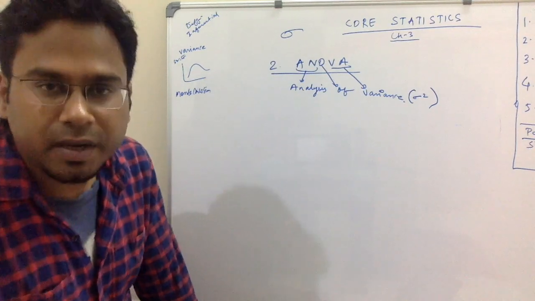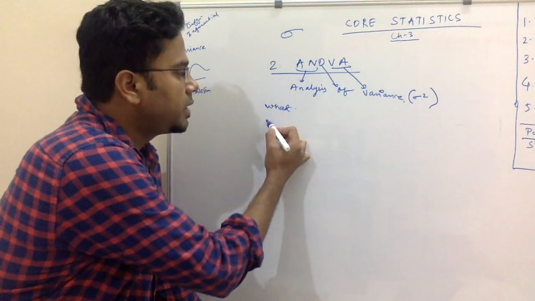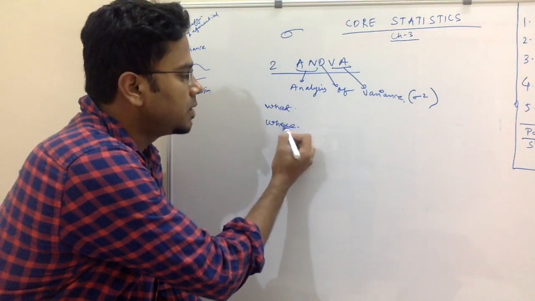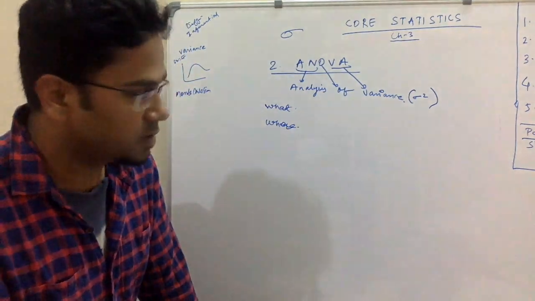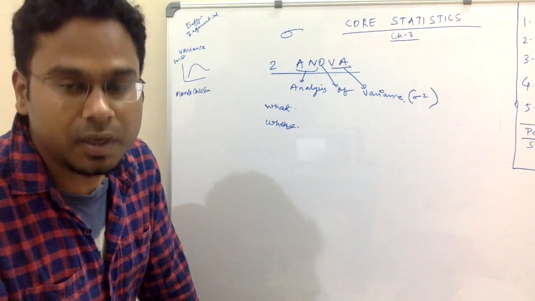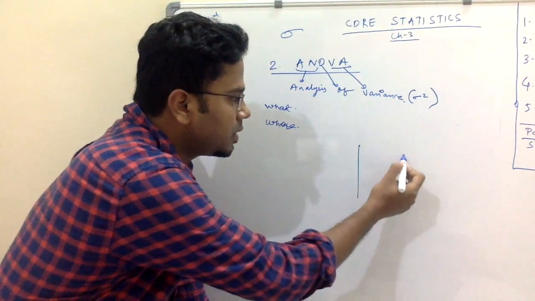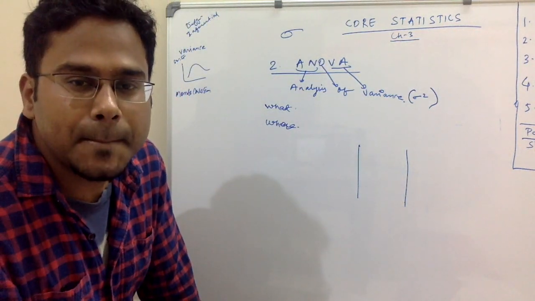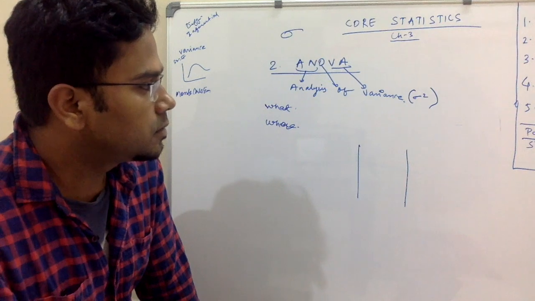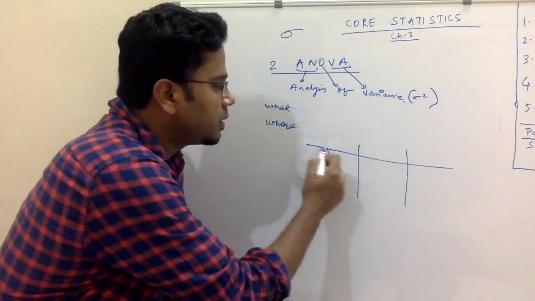Now I'll tell you where it is used, now that you know what it is. You can cite examples. Let's go back to the same problem we were discussing for the t-test. Let's say you have three situations. You are trying to treat schizophrenic patients, and you are using three therapies.